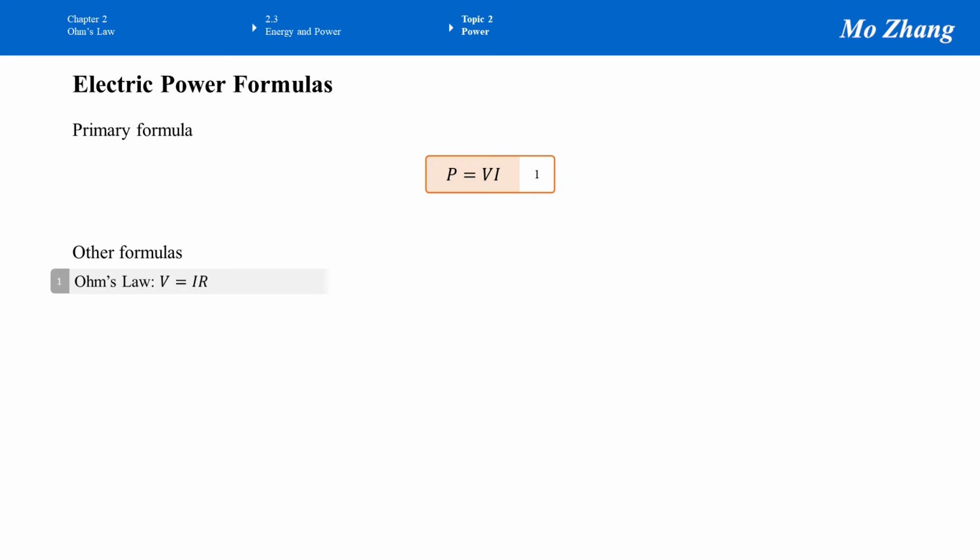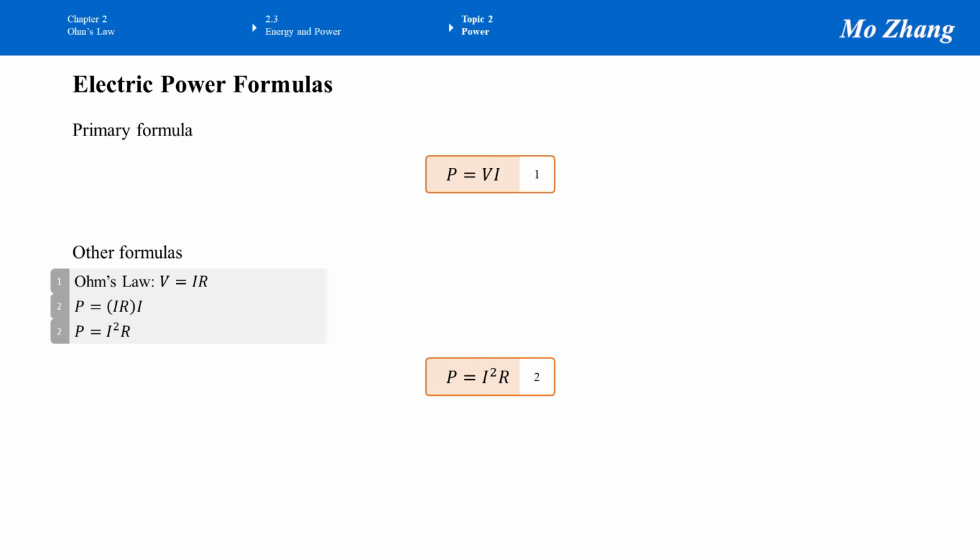From the Ohm's law formula, we know V equals I times R. Since electric power P is defined as V times I, replace the V by I times R. So power P equals I times R times I. If we open the parentheses and then multiply the I's, the final equation becomes power equals I squared times R. This is another form of the power formula.